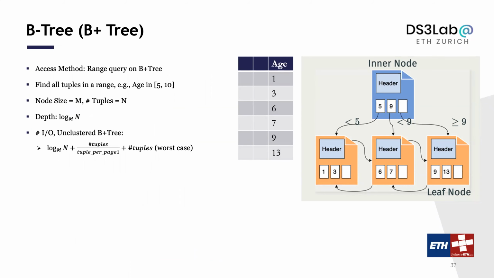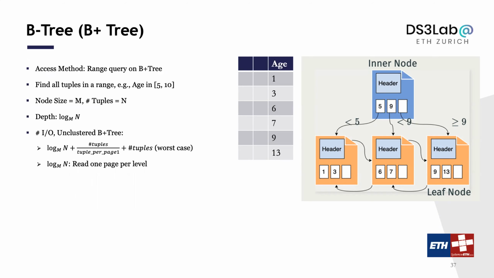So when you have an unclustered B+tree, what is the performance model? Essentially, you have three different terms. The first term, log_m n, is reading one page per level to find the right leaf node.